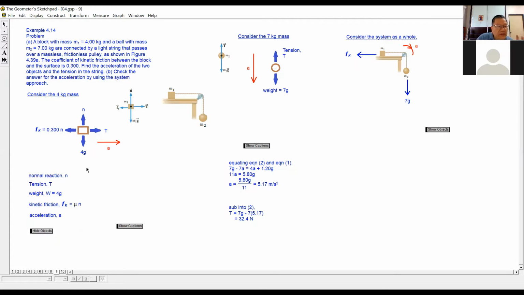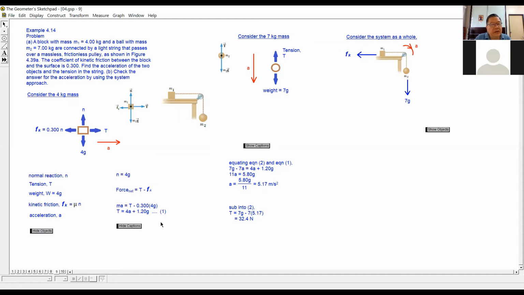Because the tension is bigger than the friction, there will be a net force, and this net force will cause the acceleration. You can look at this diagram and see that one force is bigger than the other, and it will produce a net force. The net force will produce acceleration.